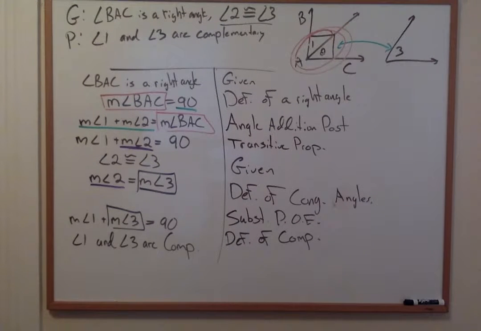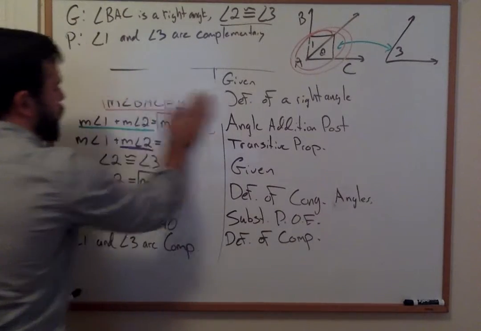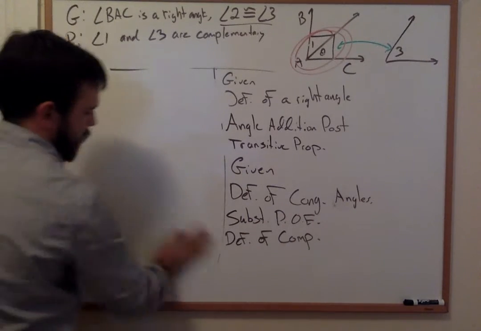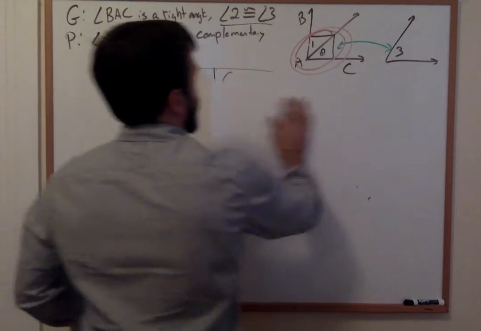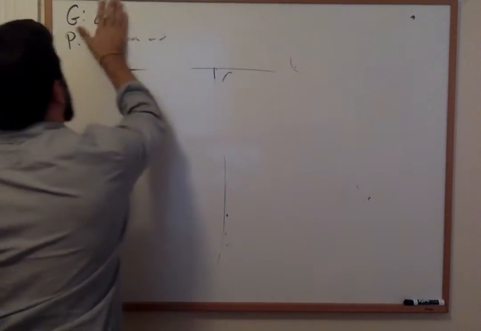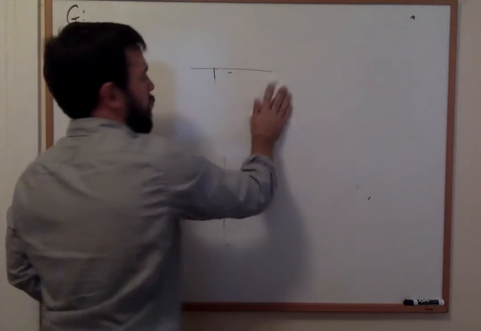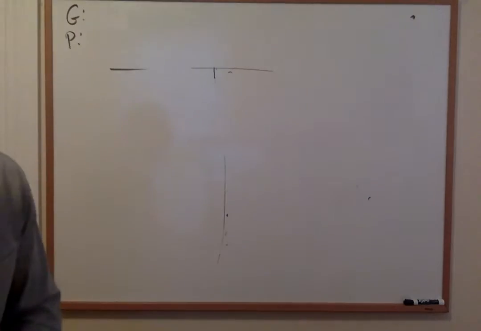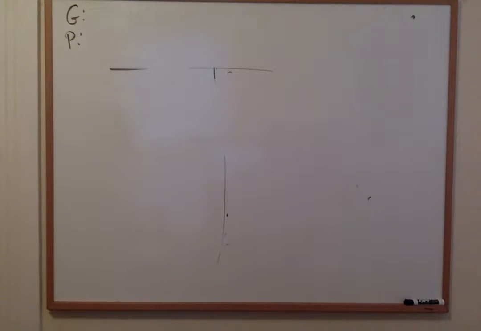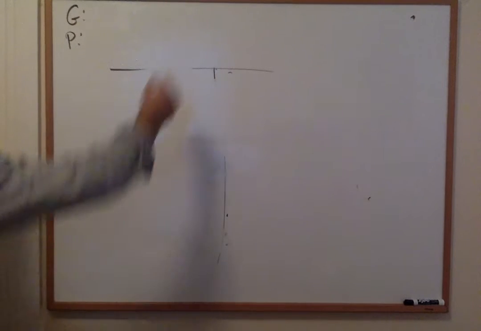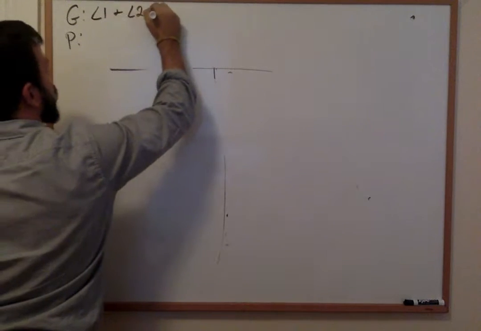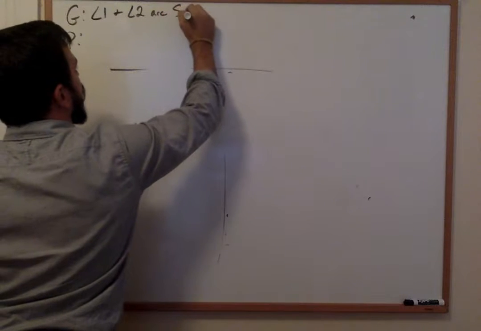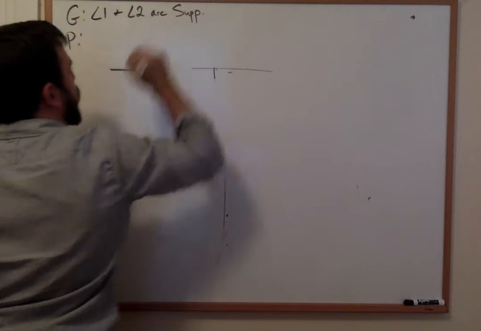All right, let's continue. That was 3. Number 4. Number 4 is a pretty simple one. All right. In number 4, we have given that 1 and 2 are supplementary. Angle 1 and angle 2 are supplementary.